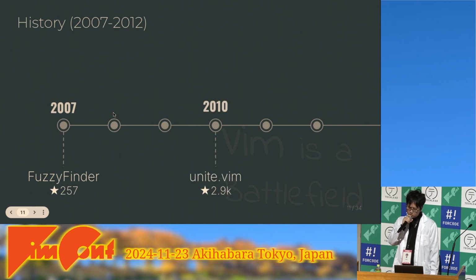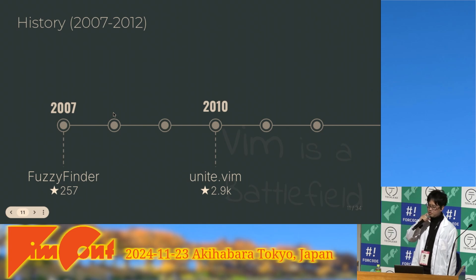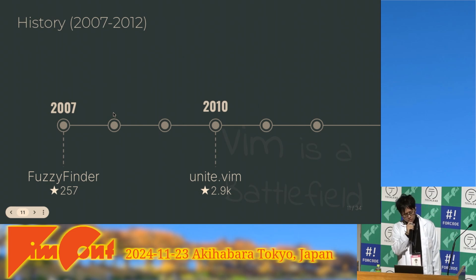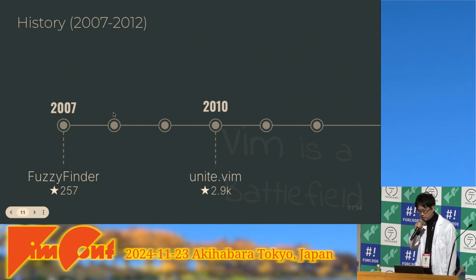In 2010, Shougo released Unite.vim, his first fuzzy finder plugin, that drew me to the dark side of Vim. Unite works in normal mode, displaying candidates in a flat list within the buffer for efficient filtering compared to the previous one.